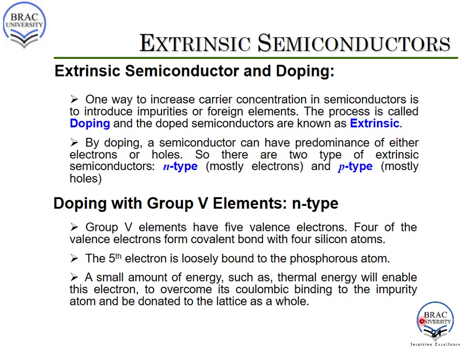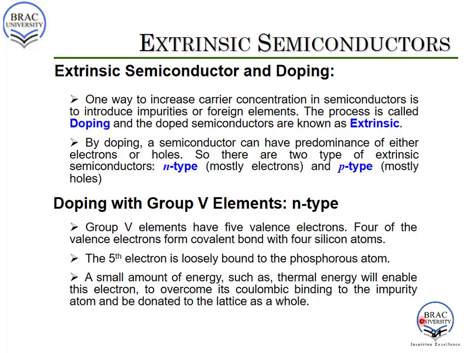Let's talk about extrinsic semiconductors and the doping process. Previously we have talked about intrinsic semiconductor, where the whole semiconductor structure consists of only semiconductor or silicon atoms. But if we add some impurity or some extra element to the structure to increase the conductivity, then this process is called doping, and the doped semiconductor is known as extrinsic semiconductor.